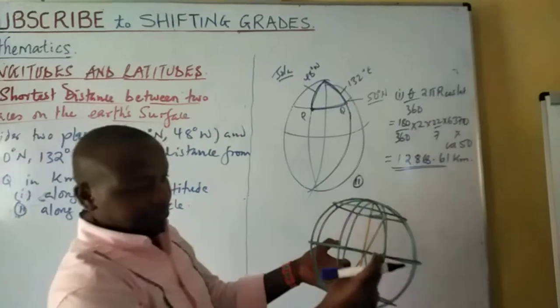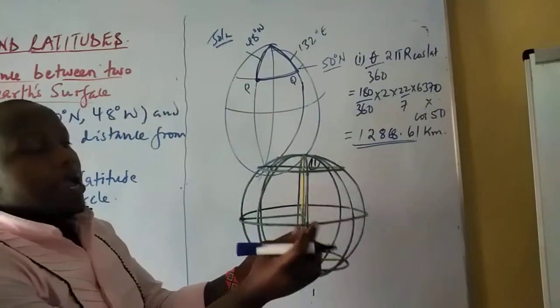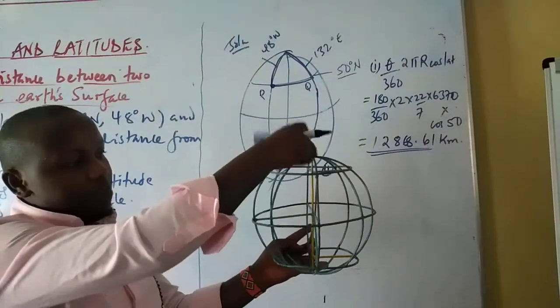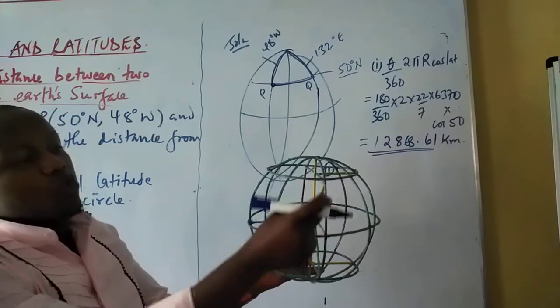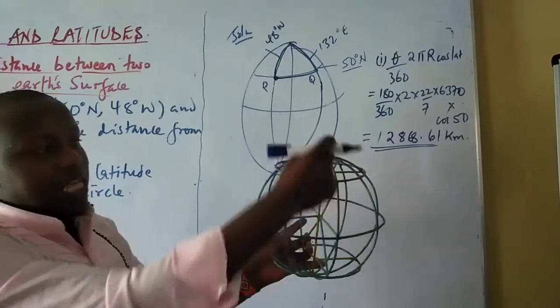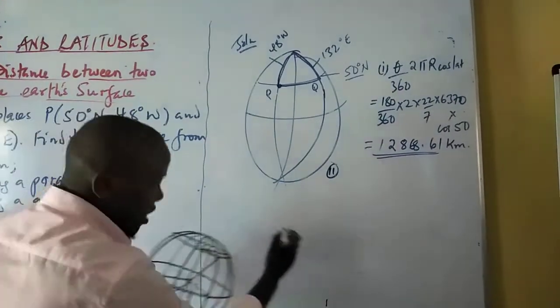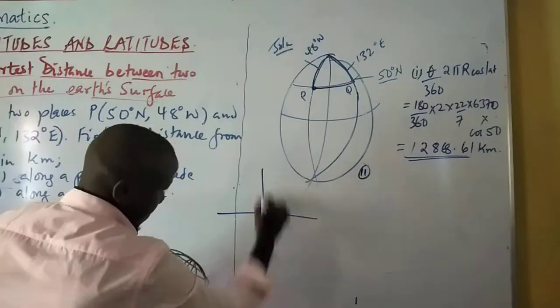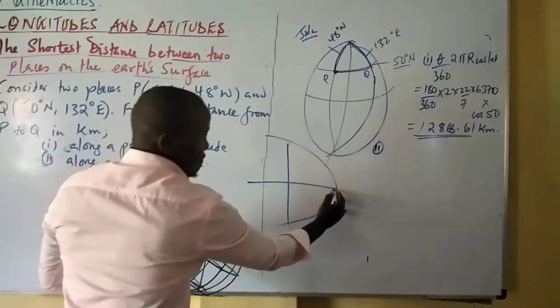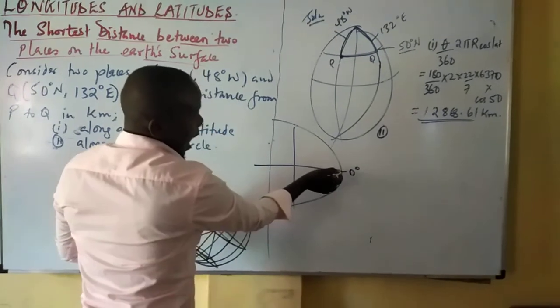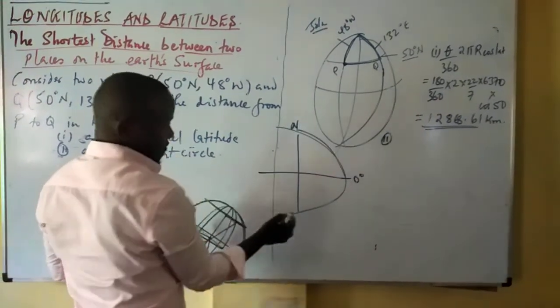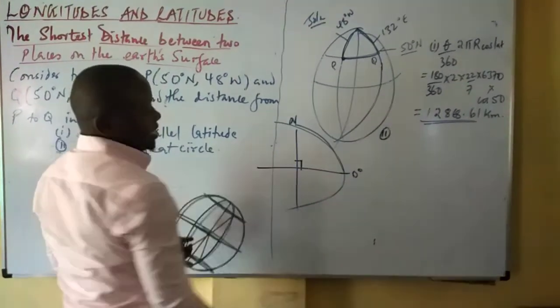We know that from the equator up to the north hemisphere, you can only turn through 90 degrees. This is a quarter of a circle. So always we should consider this, that from 0 degrees at the equator up to the north, we can only turn through 90 degrees.